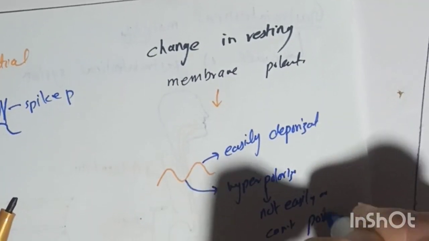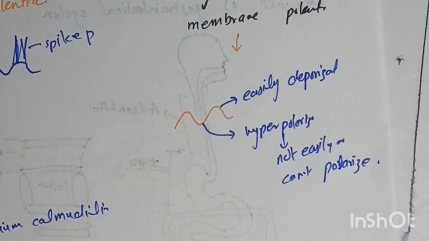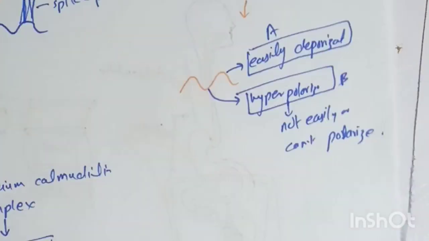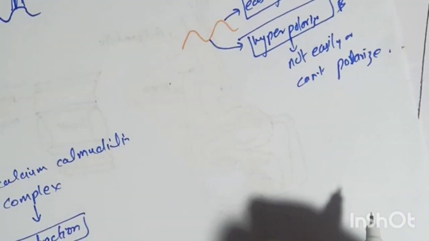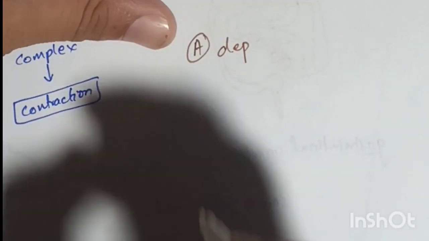The true action potential: the slow wave has a hyperpolarized state and a depolarized state. When it is in the depolarized state, it is easily excitable. When it is in the hyperpolarized state, it is not excitable.